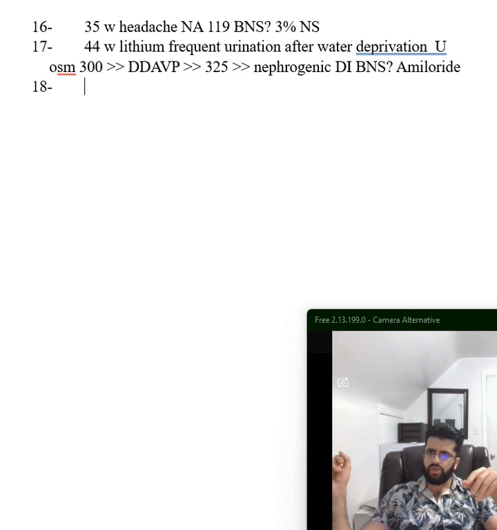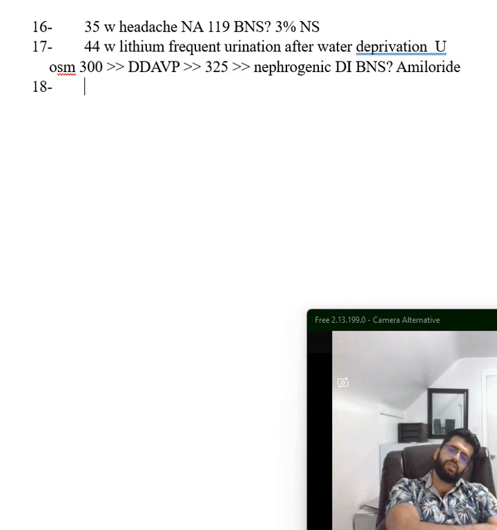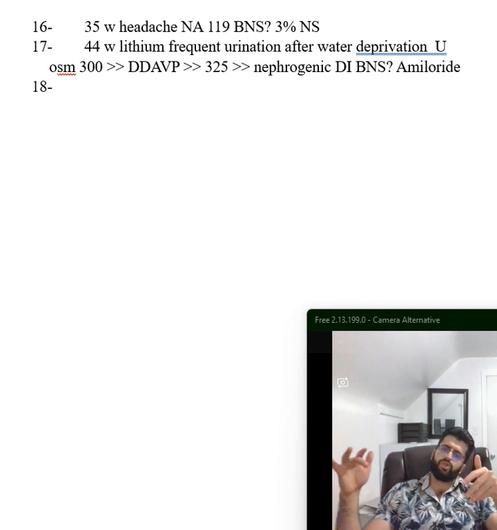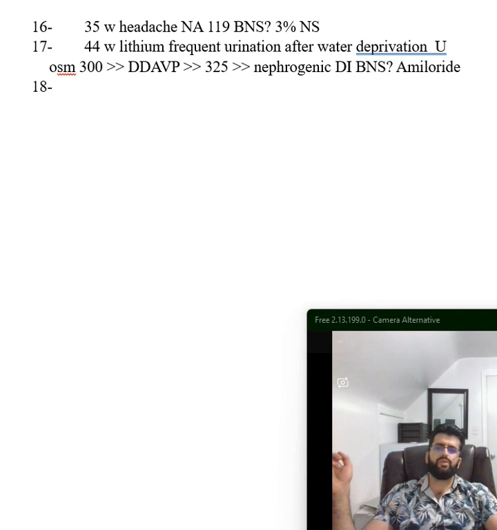You make sure the plasma osmolarity is more than 295 or plasma sodium more than 145, and if urine osmolality is still low, you administer desmopressin, and then you monitor urine osmolality every 30 minutes for 2 hours.